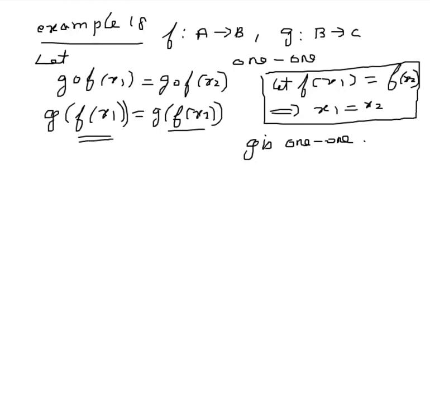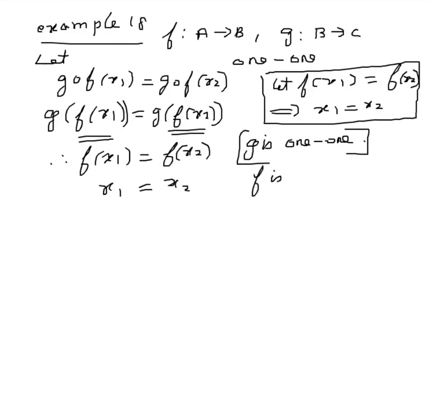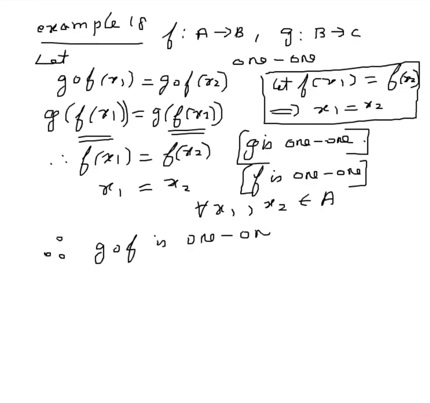Therefore, if G of x1 is equal to G of x2, we say that x1 is equal to x2, no? Similarly, we write F of x1 is equal to F of x2. And this is the reason G is a 1-1 function. F is also a 1-1 function. So I can write that x1 is equal to x2. The reason is F is 1-1. And this is true for all elements x1, x2 taken from the set A. Therefore, G composite F is 1-1.